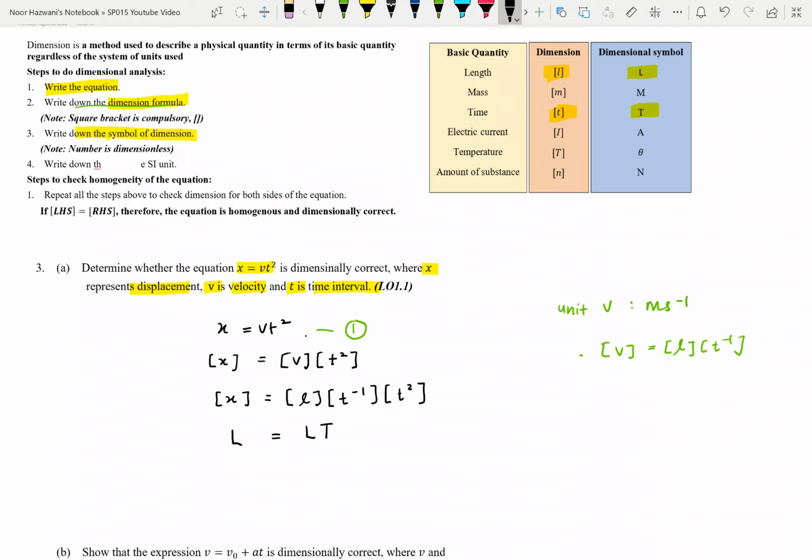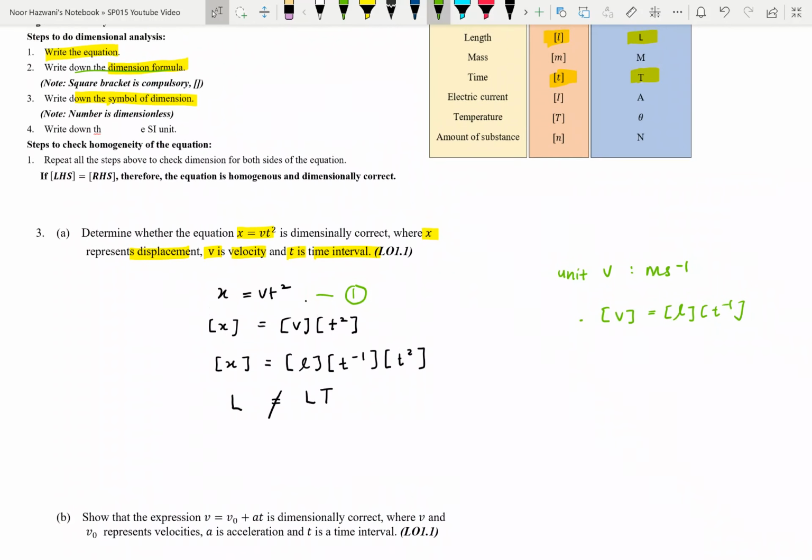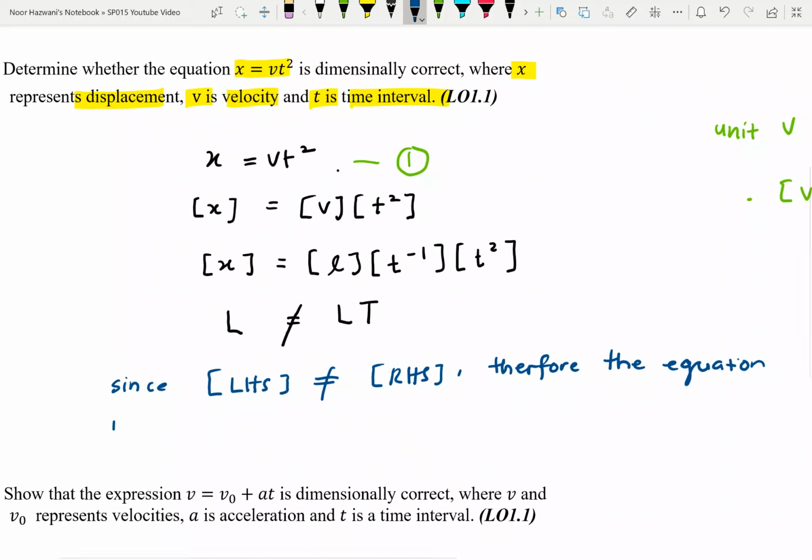So what we notice is that the dimensions of the left-hand side and the right-hand side are not the same. Right? Not the same. So we must write a conclusion sentence: since the dimension of the left-hand side is not equal to the dimension of the right-hand side, therefore the equation is not dimensionally correct.